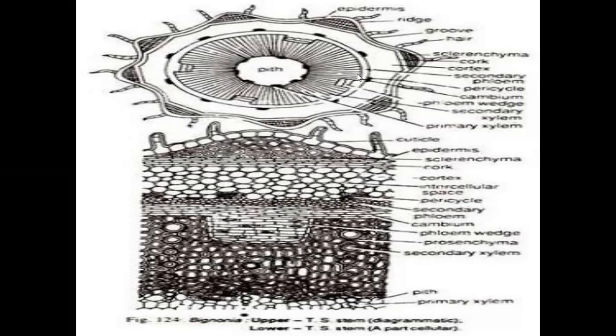Once the cambium ring is formed, it produces a large amount of secondary xylem to the inside and less secondary phloem to the outside. But here it is opposite: less secondary xylem to inside, large amount of secondary phloem to outside.